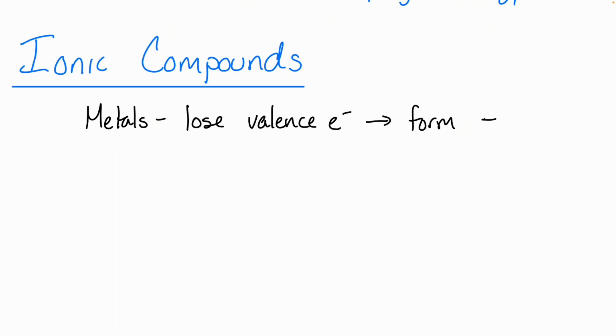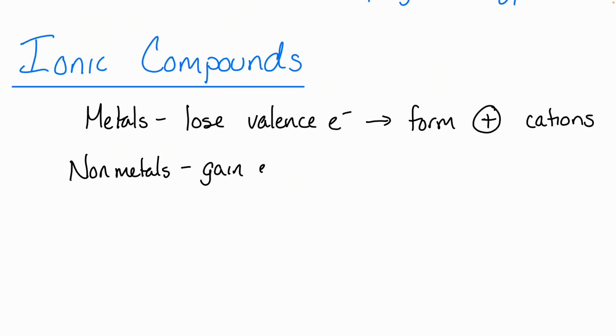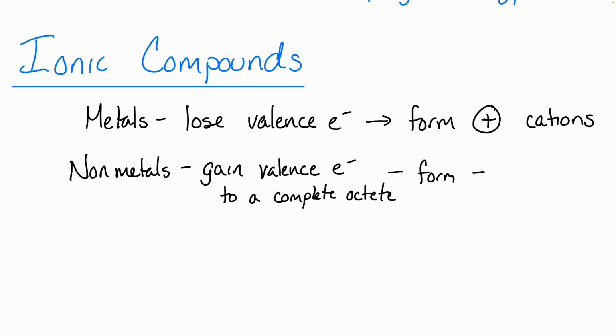They form those positively charged cations. Our nonmetals, they gain valence electrons to a complete octet. And that's why they form those negatively charged anions.